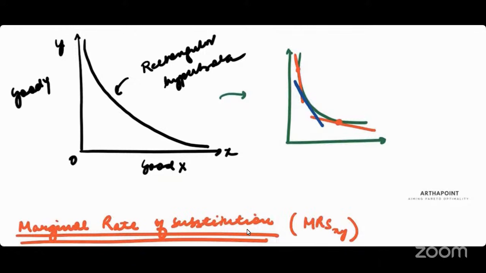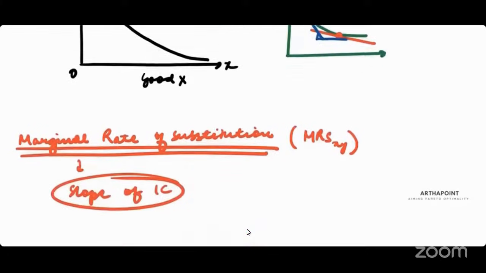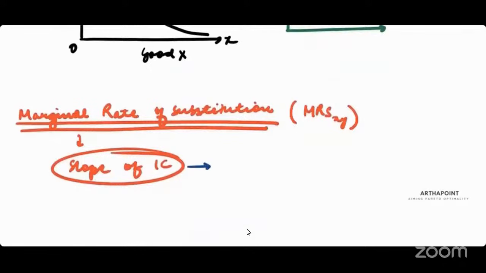Now, what is a slope really? A slope is always perpendicular by base. So in this case, also, the slope of the indifference curve is perpendicular by base. But it has a name to it, and the name is marginal rate of substitution.